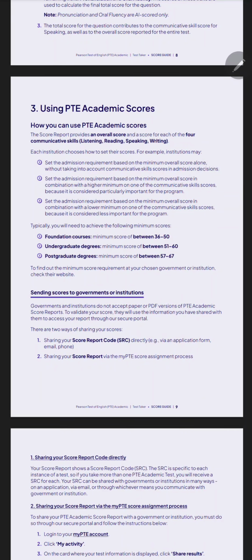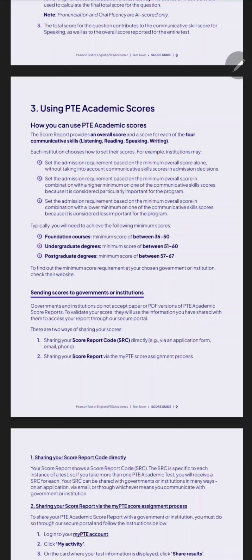Okay, how about sending scores to governments or institutions? Governments and institutions do not accept paper or PDF versions of PTE Academic score reports. To validate your score, they will use the information you have shared with them to access your report through our secure portal.